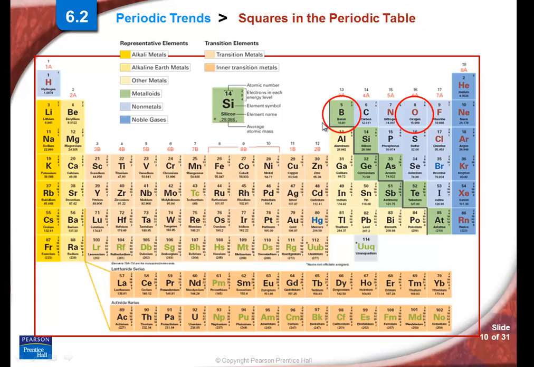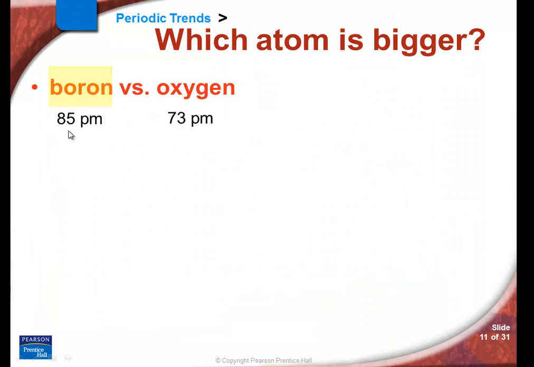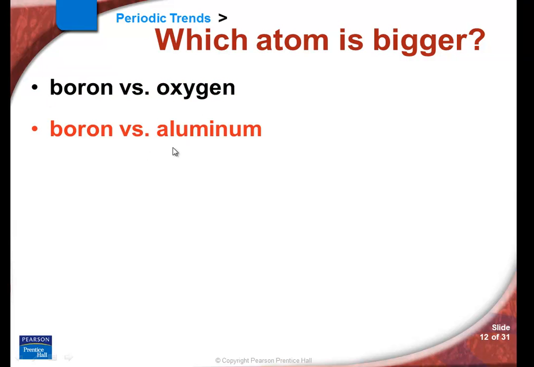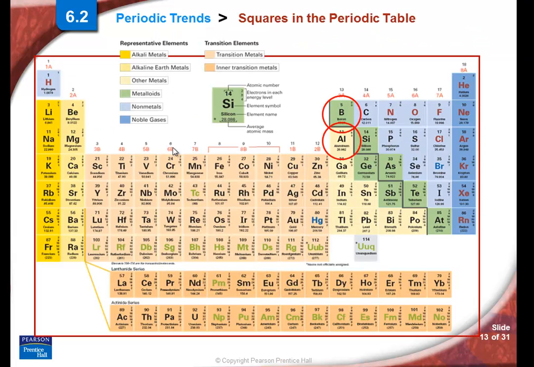Here's my table, and here are the two elements on the table. If you remember that the atoms are getting smaller as we go left to right, then that would lead us to decide that boron is bigger, right? And when you look up their actual radii, you can see that indeed boron is about 12 picometers larger than oxygen.